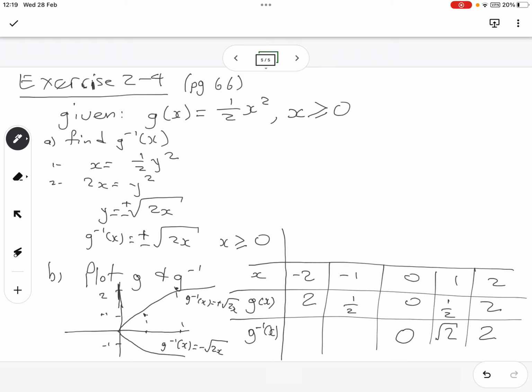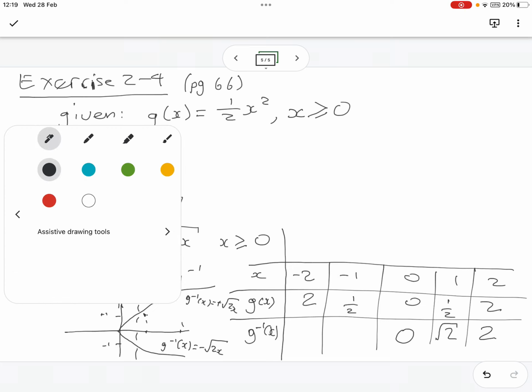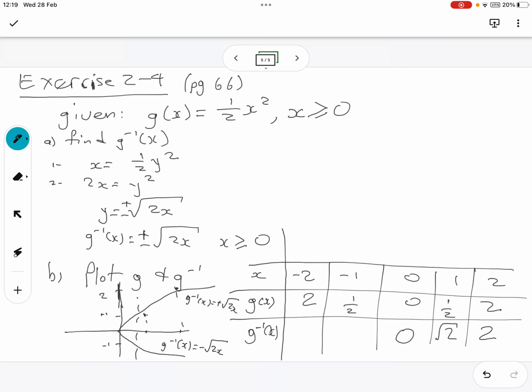Remember, the inverse is not a function if it fails the vertical line test. But if we manipulate it and just look at this part here, then that is a function.